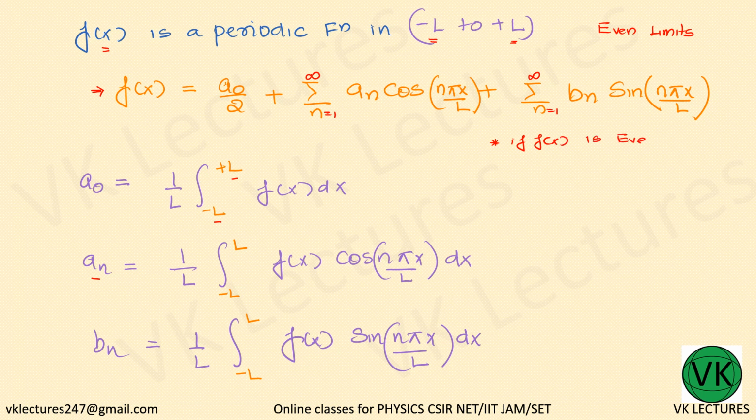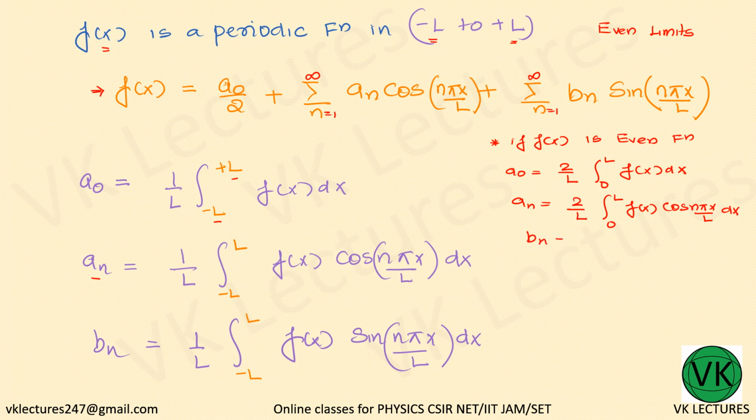If f of x is an even function, then we know a naught is equal to 2 by L integral 0 to L f of x dx, an equal to 2 by L integral 0 to L f of x into cos n pi x by L dx, and bn equal to 0.